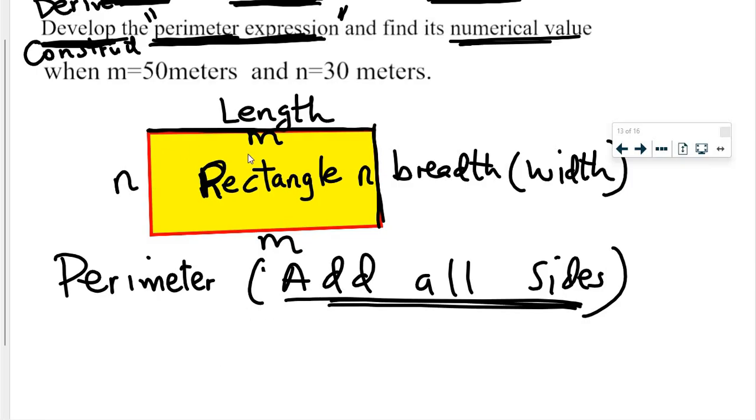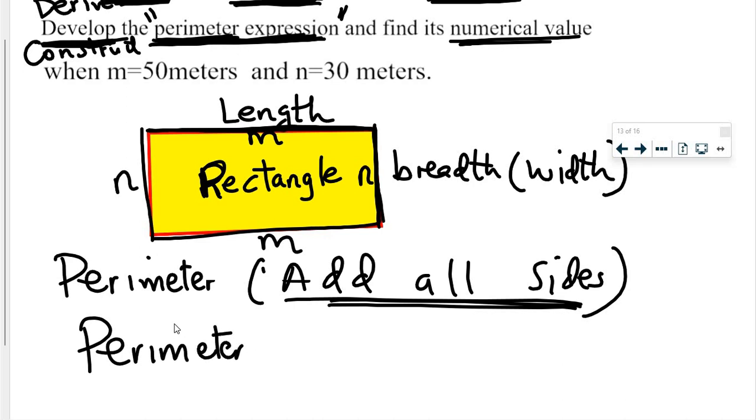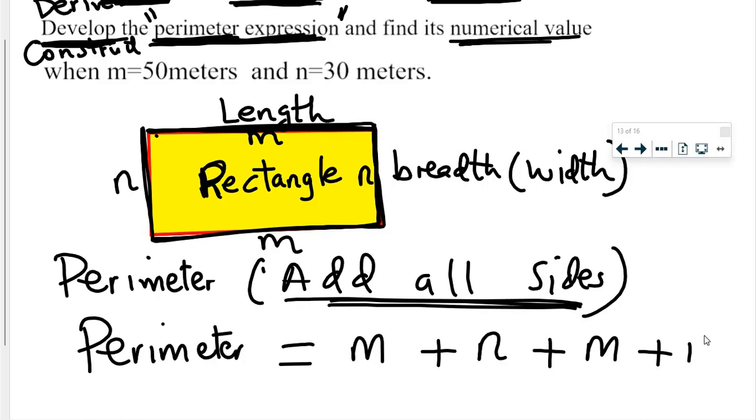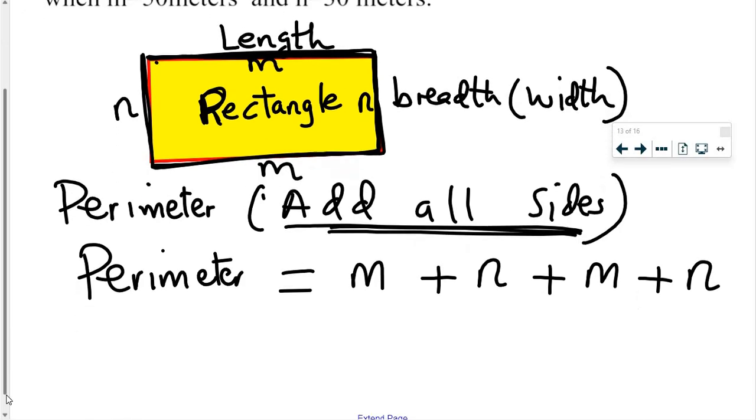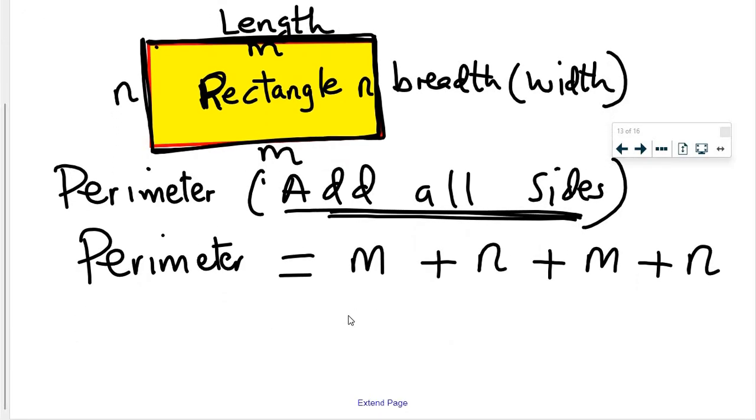How many sides are there in a rectangle? We have this side, which is m, plus n, plus m, plus n. So the expression for the perimeter will be equal to m plus n plus m plus n. That is the expression for the perimeter.